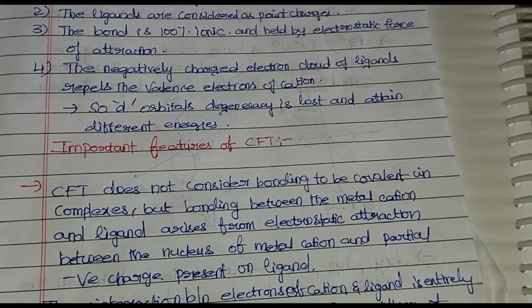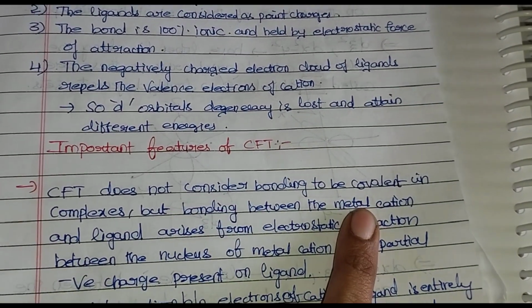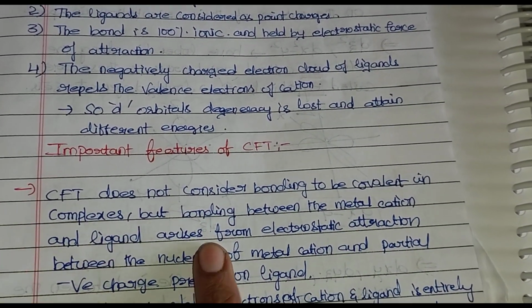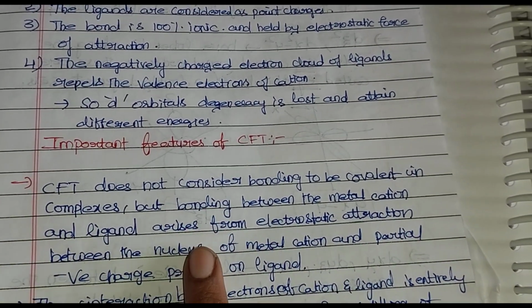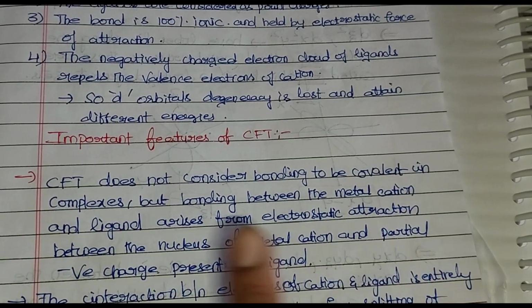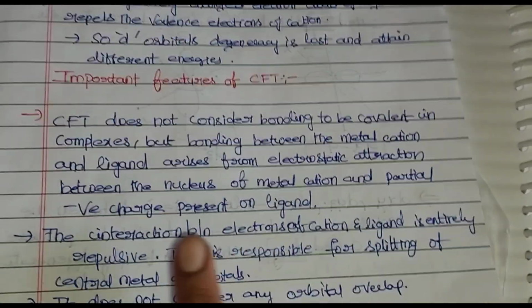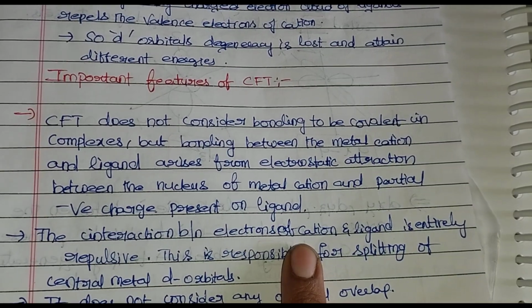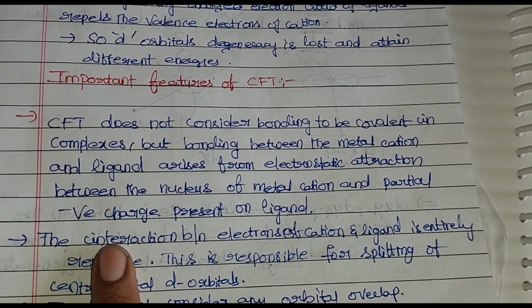It considers it to be ionic, meaning the bonding between the metal cation and the ligand arises from electrostatic attraction between the nucleus of the metal cation, which is positively charged, and the partial negative charge present in the ligand, and the interaction between the electrons of the cation and ligand is entirely repulsive.